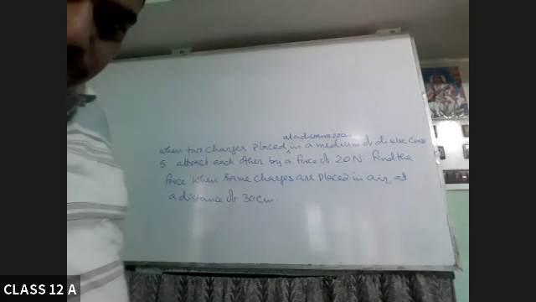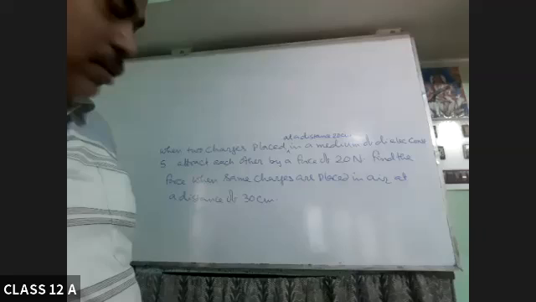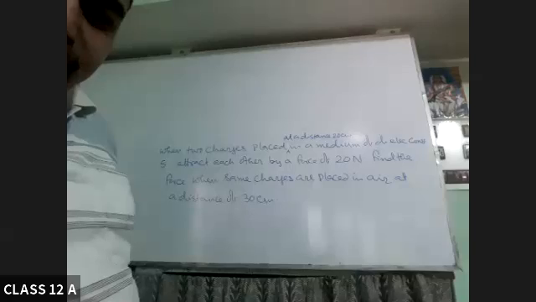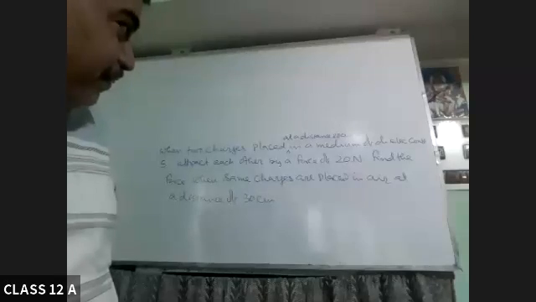Yes. Anyone got the answer? 400 by 9, sir. So your answer, copy yourself. I have done in rough, sir. 80 by 9 I'm getting, sir. I'm getting 400 by 9. Let me see.